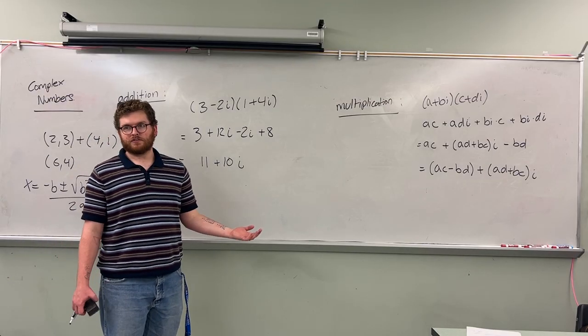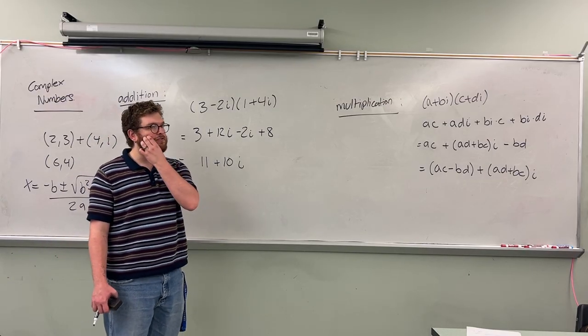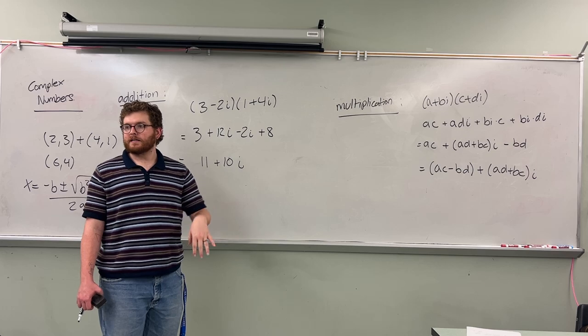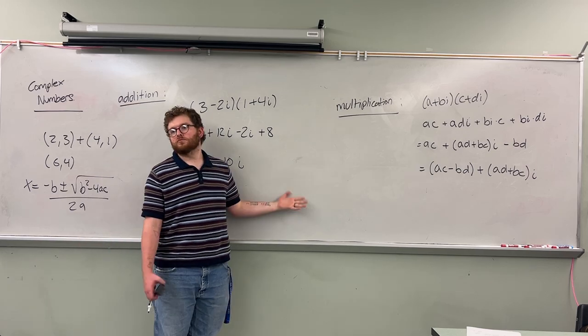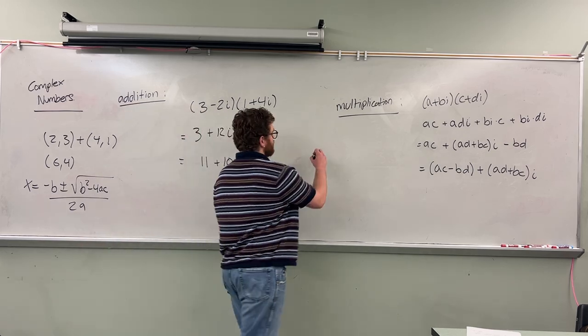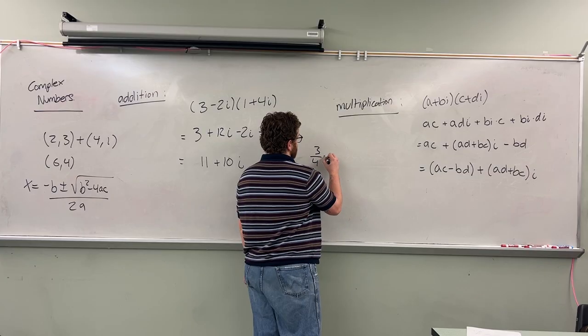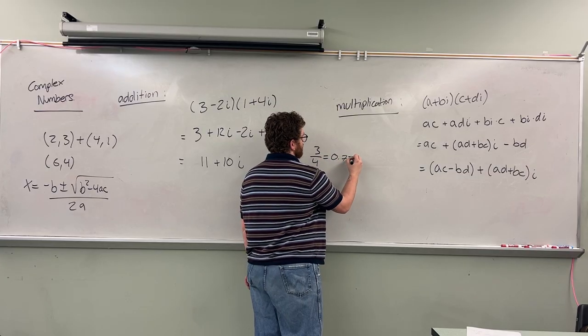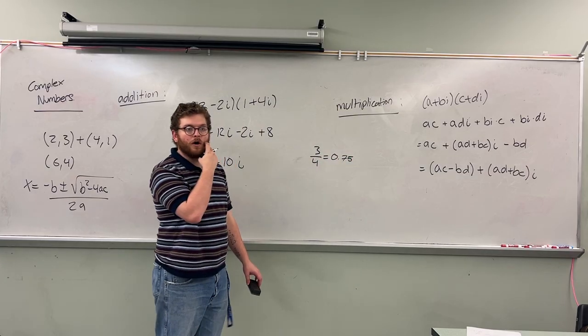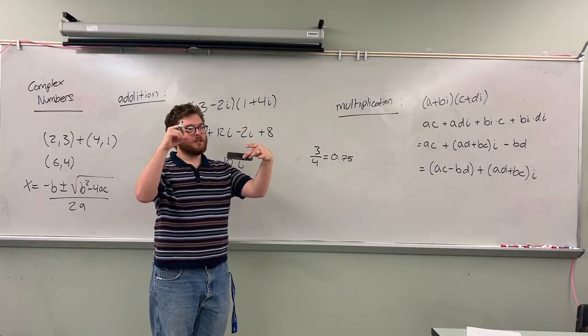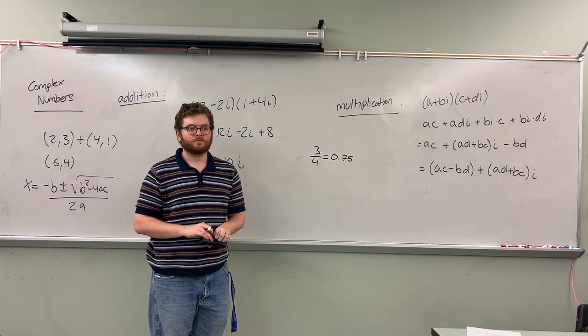Division is different. We can't just do regular division. With real numbers, I can just do 3 divided by 4, and I get an answer. But with complex numbers, there's addition on the top and the bottom.